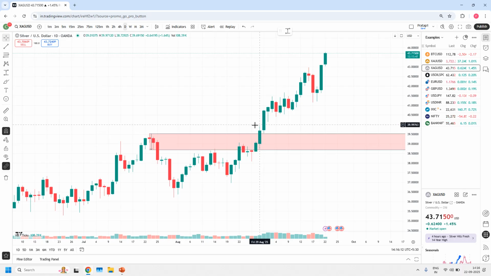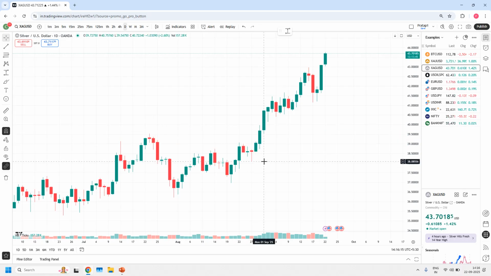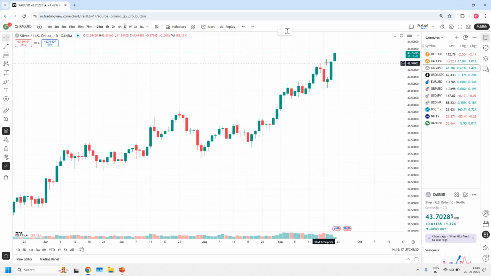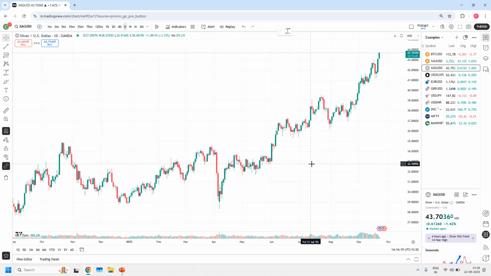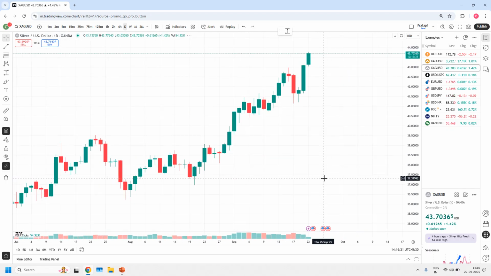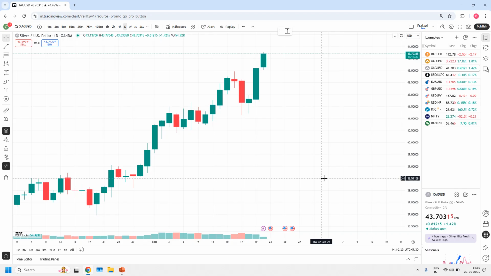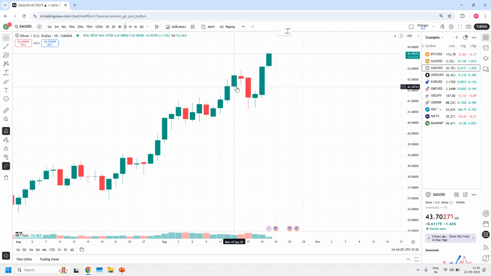After uptrend, easily the supply is violated. Now prices are moving up and also prices are at all-time high. It created a new supply, rally-base-drop, and that is also violated. Why? Because the trend is already uptrend.